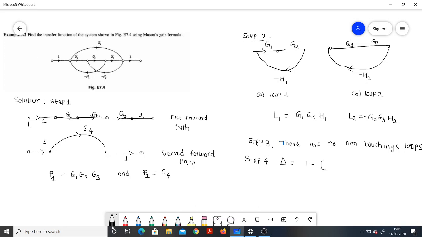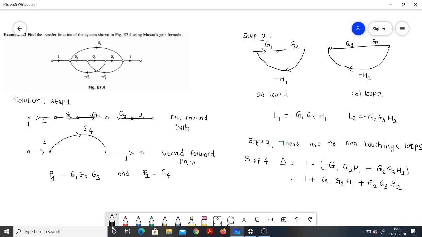In this case, we have two loops whose gains are minus G1 G2 H1 and minus G2 G3 H2. The sign is coming because of the sign present originally here. So I'll take the minus sign outside, so this becomes 1 plus G1 G2 H1 plus G2 G3 H2. So this is my del.